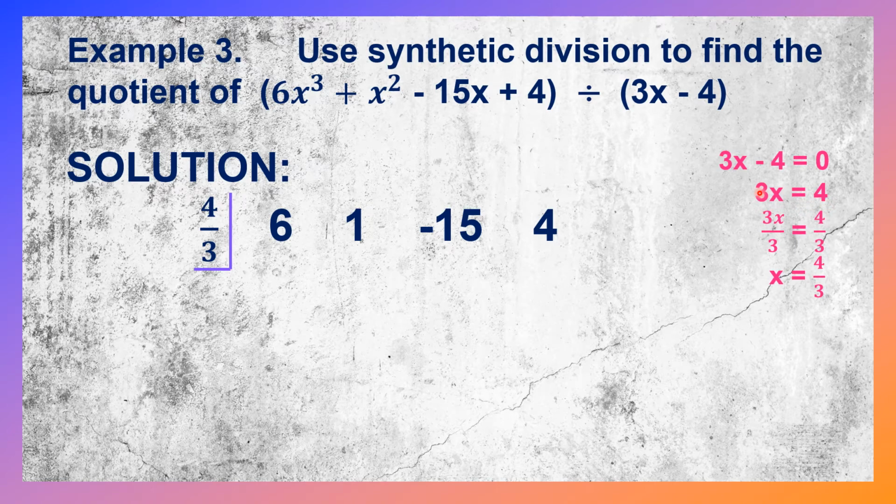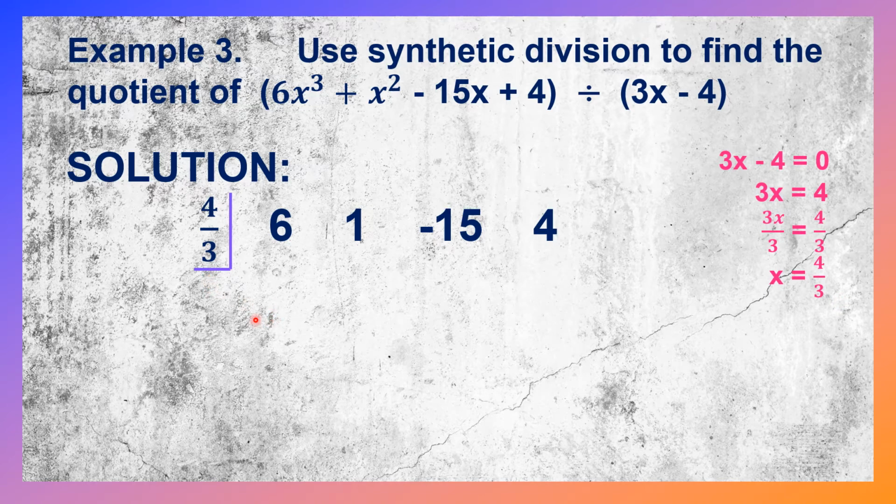To get rid of 3, divide both sides by 3. So 3x divided by 3 is x, then 4 divided by 3 is still 4 over 3. Then our divisor is 4 over 3.